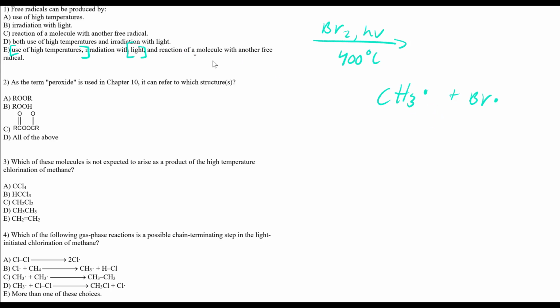And so the reaction of a molecule with another free radical could happen, or you could just have CH3 plus Br radical. So for these types of reactions, you need some high temperatures. If you don't have high temperatures, you can do it with light. And if you don't have either of those, you can just have two radicals, and they can just combine or do their own thing.